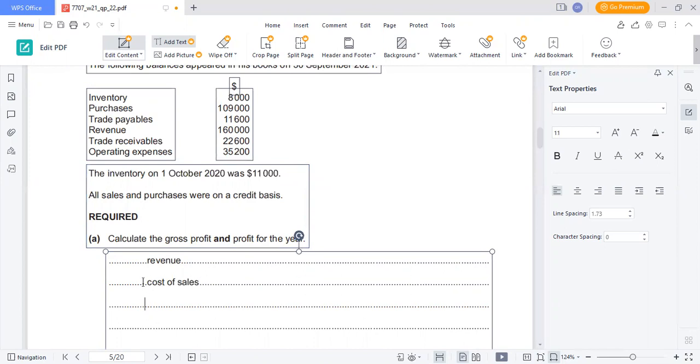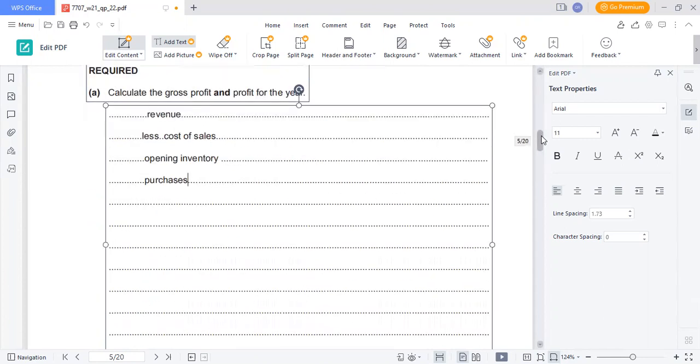That includes opening inventory. I'm making an income statement. Okay, purchases. We'll be needing closing inventory.